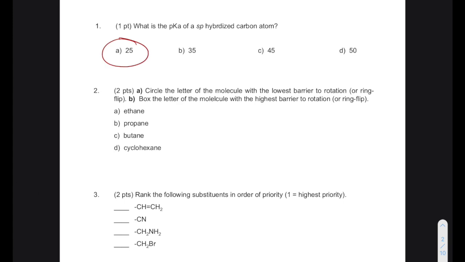So for instance, this number 50, that's the pKa of an sp3 hybridized CH bond. 45 is roughly the pKa of an sp2 hybridized CH bond, and the trend goes that the more s character, the more stable, in other words, lower in energy, and therefore more acidic. So sp orbitals are more acidic than sp2 and sp3. So we knew the number was less than 45. Maybe 35 was the trick one, but the answer is 25.